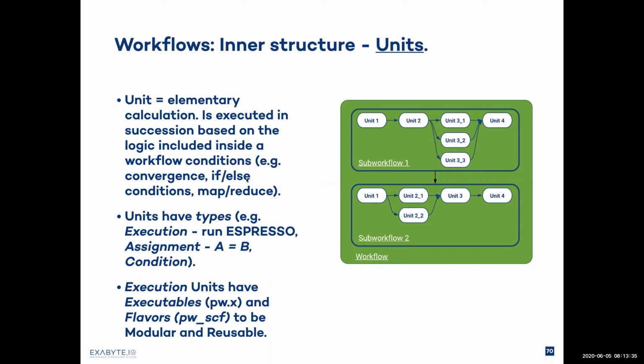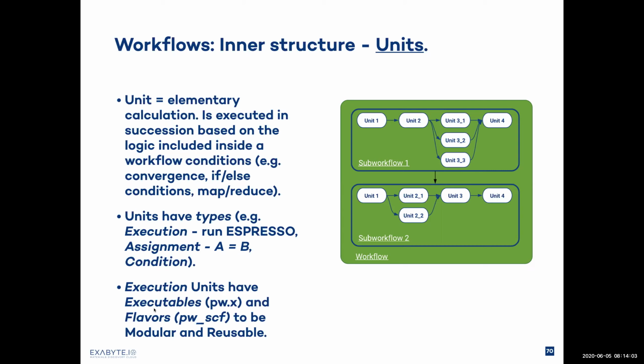There are multiple different kinds of units, like there are units that can represent if-else conditions or map and reduce. Units have different types in terms of how they pertain to the executables. So each execution unit in particular can have executables associated with it and a particular flavor of that executable.